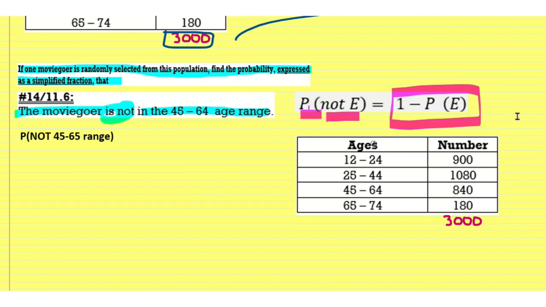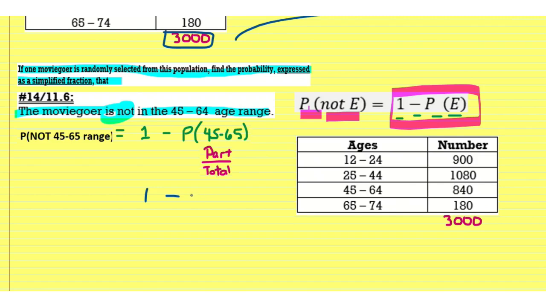So we can write that as the probability of not in that range is equal to 1 minus the probability that they are in the range. 1 minus the probability that they are the event. Okay, so that means that we are now going to have to find the probability. So that's a part out of a total. So we could rewrite this as 1 minus, well, what is the part?